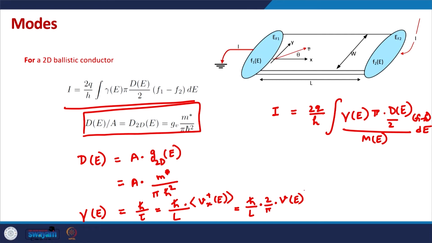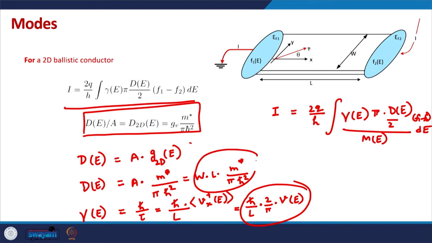So, if we put this value of gamma e and this value of dE, which is essentially W times L times m star divided by pi h bar square, it ultimately gives us the number of modes to be h bar by L, 2 by pi times VE, times W times L m star divided by pi h bar square, times pi by 2.